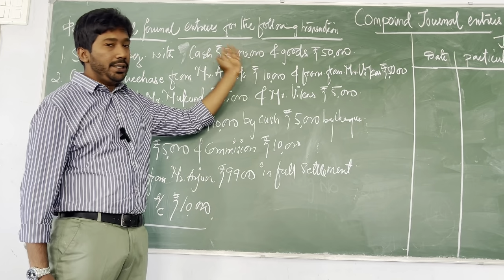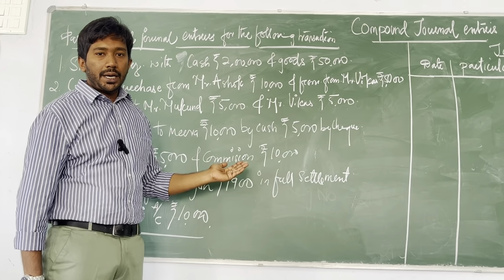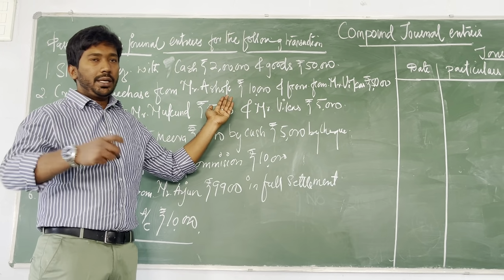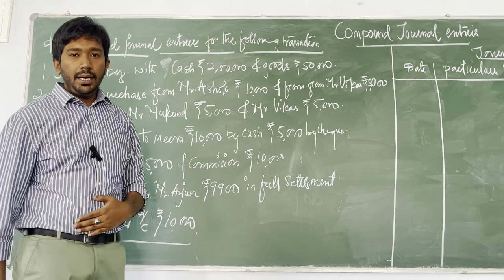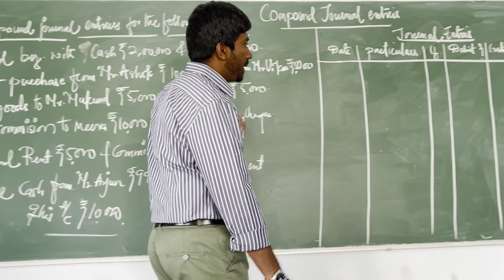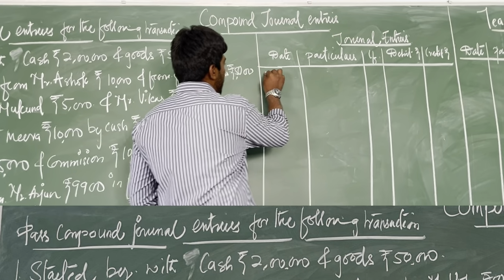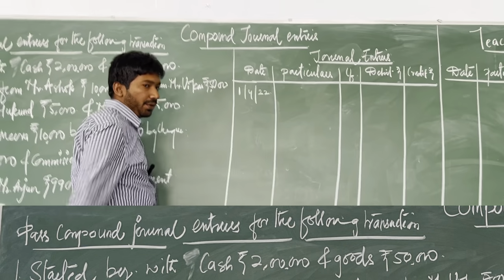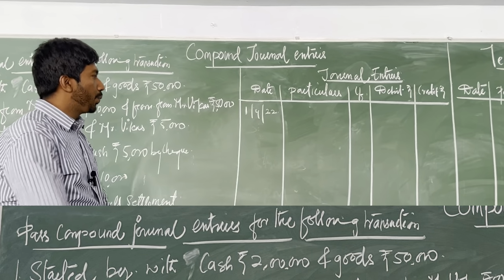So these two entries we will be debiting, and we will credit capital, because it is coming in as capital. Since the date is not given, we will just assume it as 1/4/24.